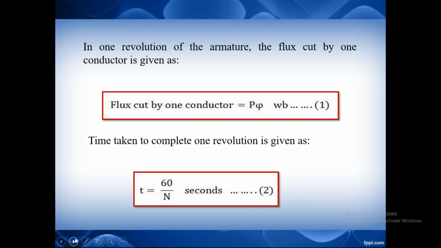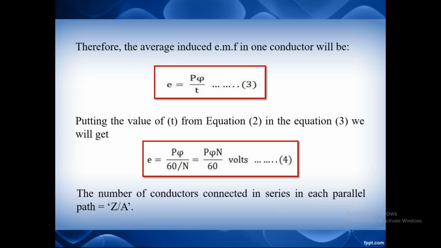Therefore, in one conductor, the average induced EMF is needed, because rotations happen a number of times, so we have to take the average value. That average value of induced EMF is given by E equals P phi by T. Let this be equation 3.